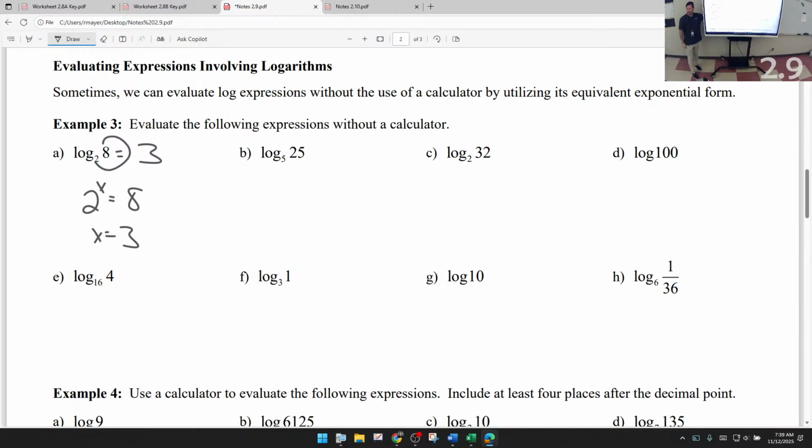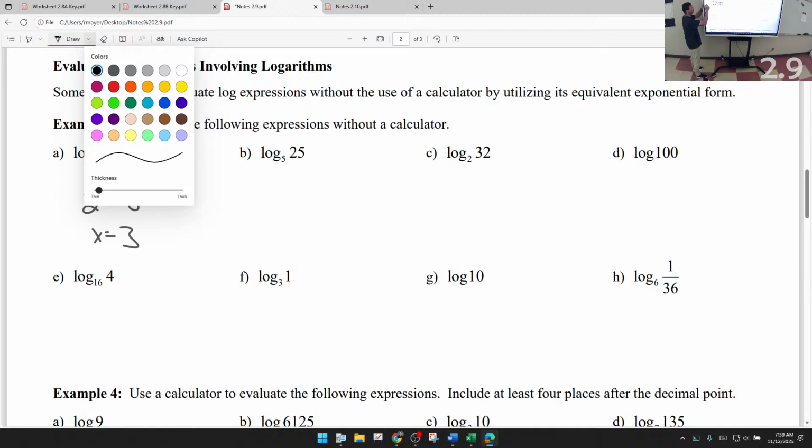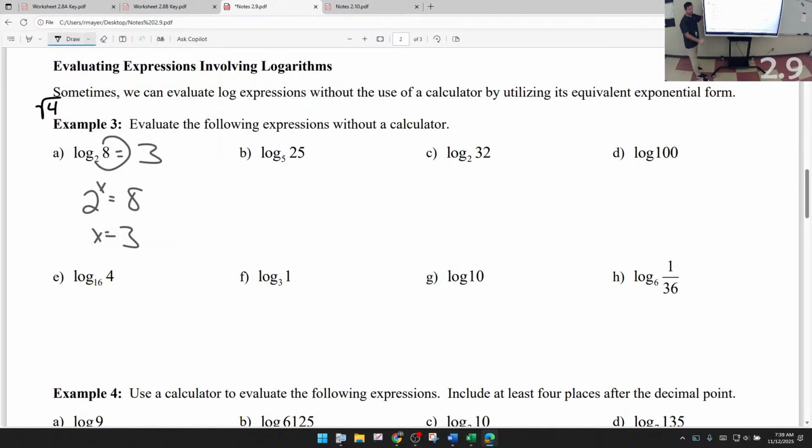That tells me you really don't know what's going on. There's no X up here. So X doesn't equal anything because there is no X. This equals 3. Just like if I said the square root of 4, simplify that. It simplifies to 2. Log base 2 of 8 simplifies to 3.